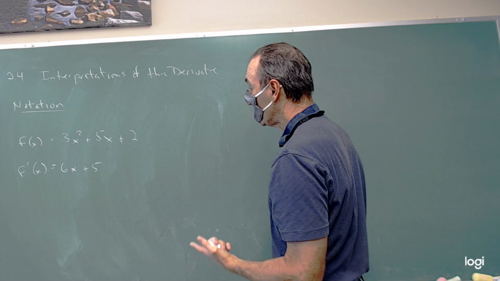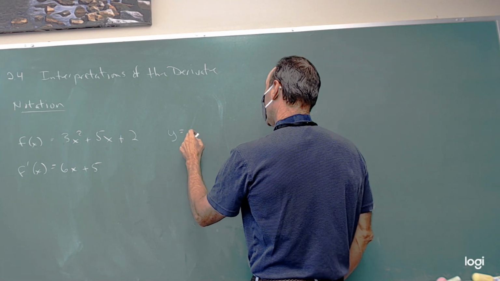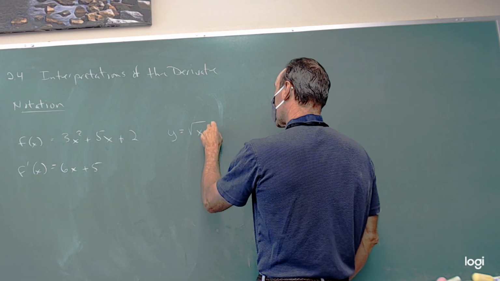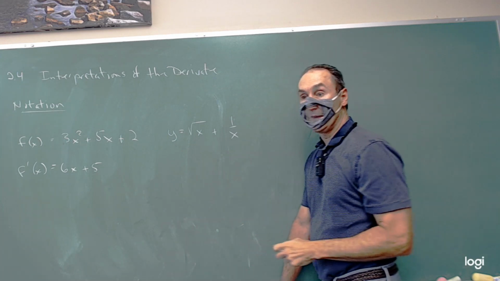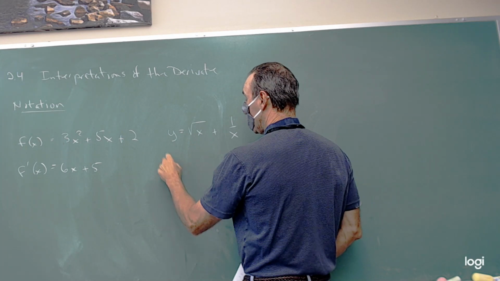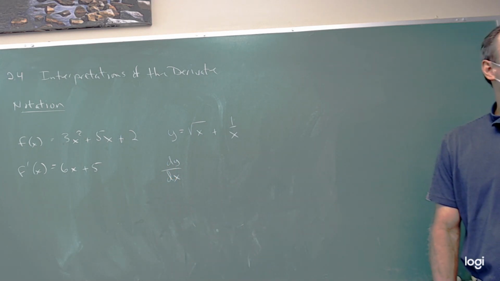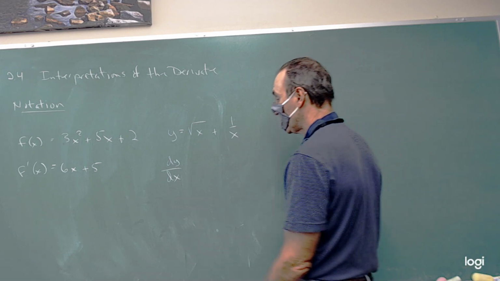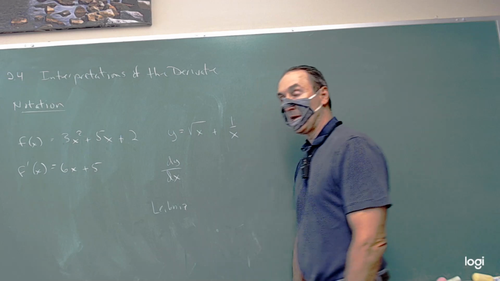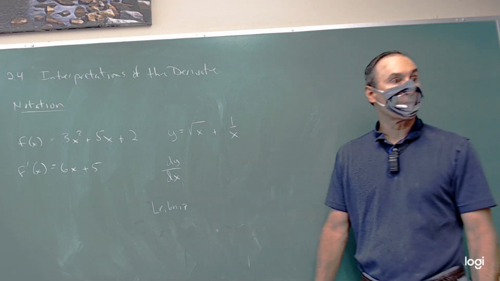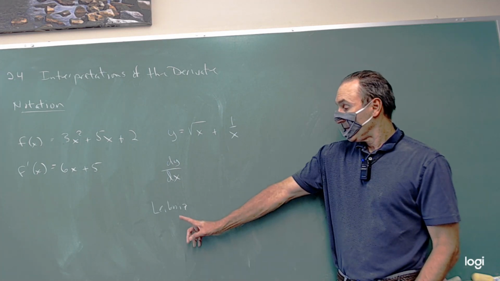Now, sometimes we'll also use this notation. So we'll say y is equal to, maybe, the square root of x plus 1 over x. And another way to denote a derivative is you'll see it oftentimes written as dy dx. And that's how we say that, dy dx. Now, this is sometimes referred to as Leibniz notation, named after Leibniz, one of the co-creators of calculus with Newton. Newton and Leibniz both get credit for that.